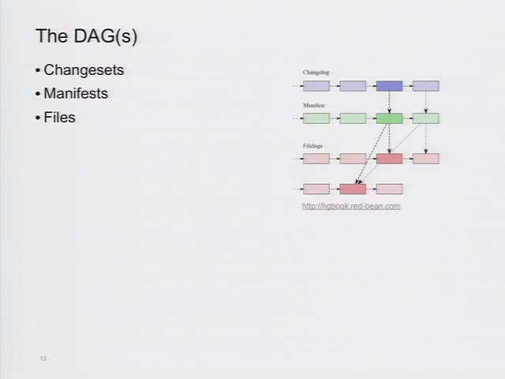All right, so the user-visible graph is the graph of change sets, but conceptually there are many others. I mentioned earlier that the manifest is the list of files in the change sets. That is also versioned in the same way that change sets are.